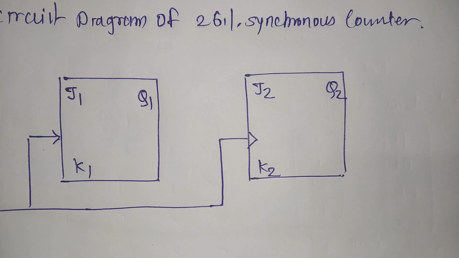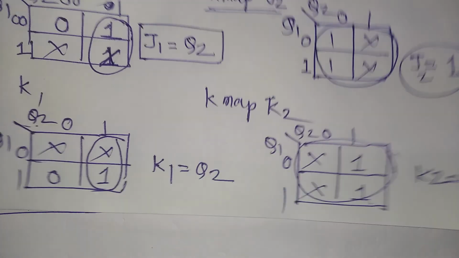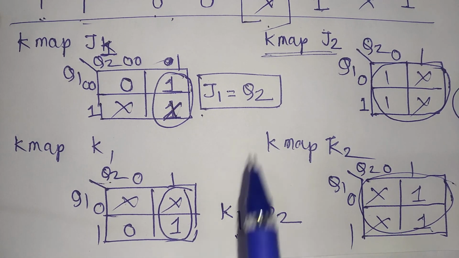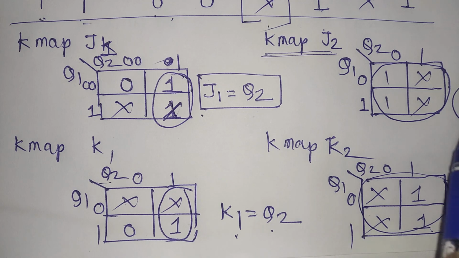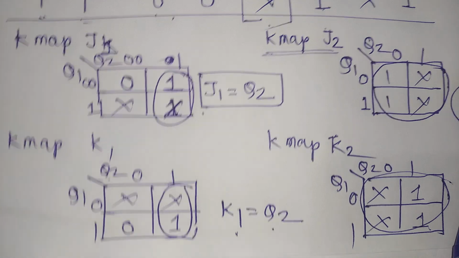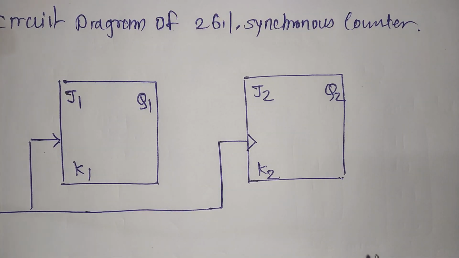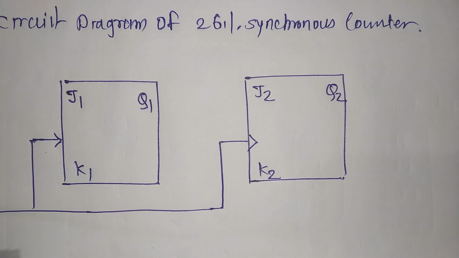Then next we are using the equations. For J1 and K1 you have to use Q2, and for J2 and K2 it is equal to 1. So J1, K1 should be Q2.